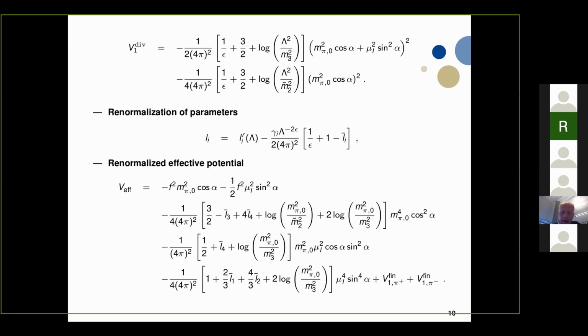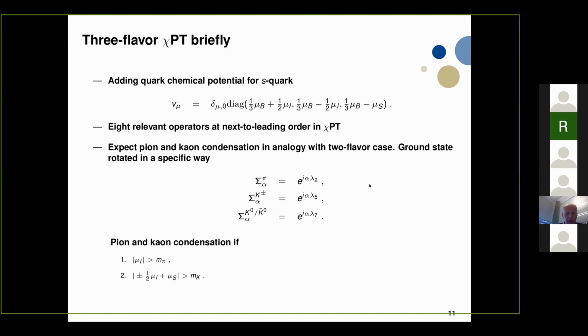And it's perfectly finite, and you can now think of extremizing this with respect to alpha, if you want to find the ground state.